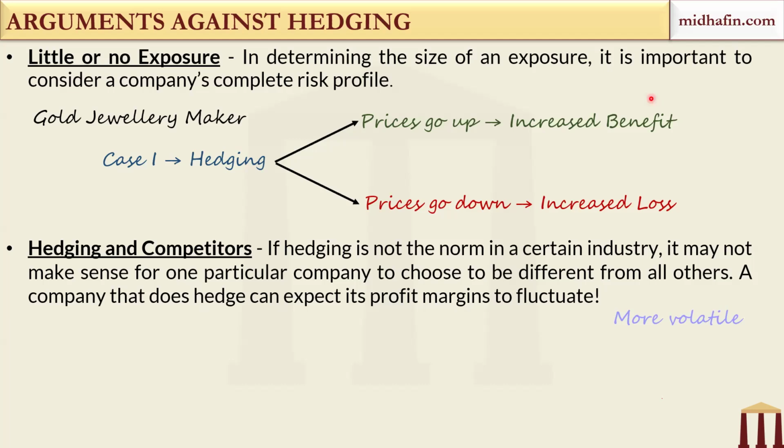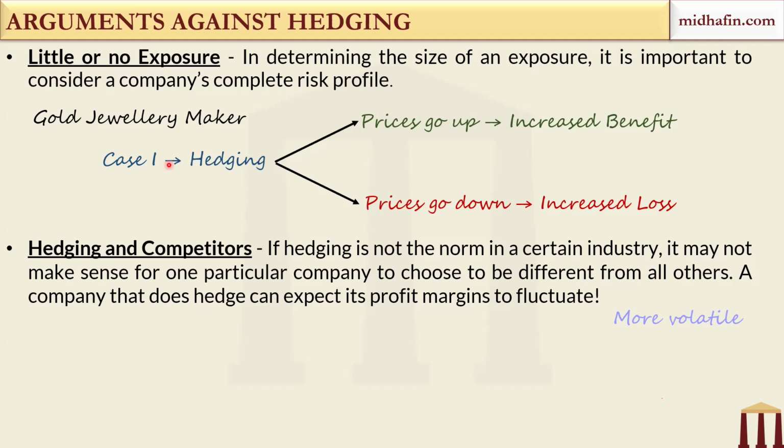Why? Because the increased benefit comes from the part that this jewelry maker hedged the price of the input. So the price of the input did not change for this gold jewelry maker, because even though the market price of gold has gone up, for this gold jewelry maker, the buying price is low, or constant at least.